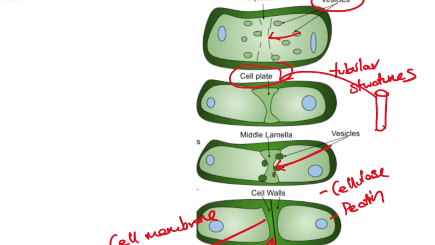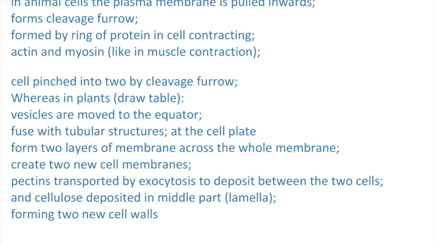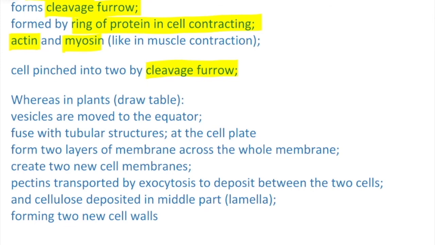Here's our summary, and this is very much at a 7 level to be describing all of this. So in animal cells, we have a cleavage furrow formed by a ring of contracting protein, which is actin and myosin, causing a cleavage furrow to form.